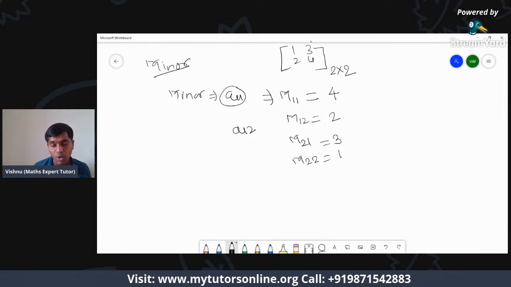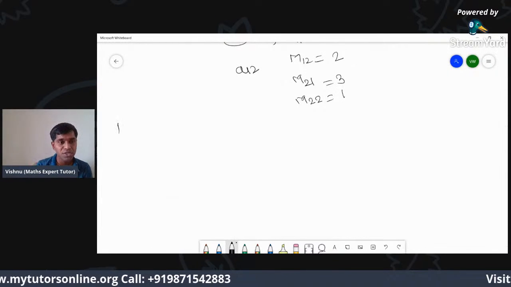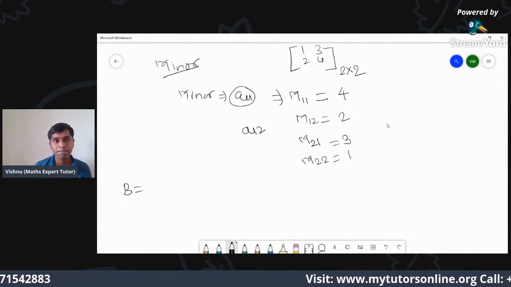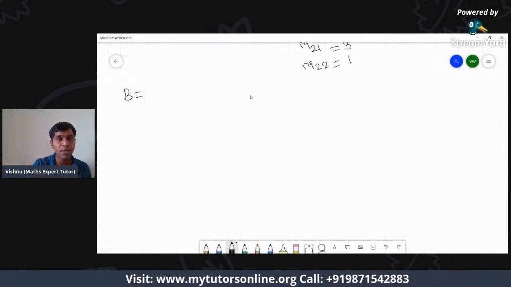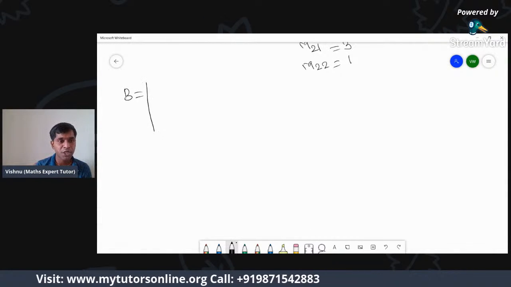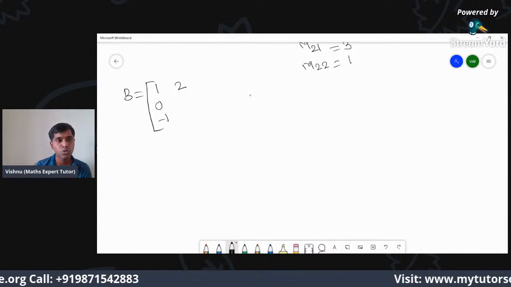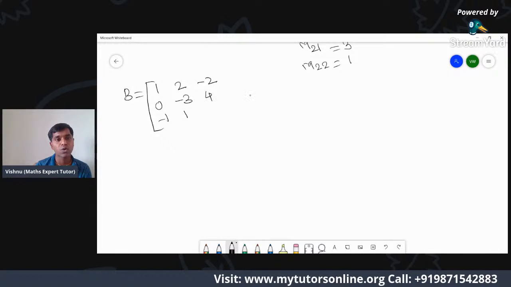So similarly, I will just take a 3 by 3 also in parallel. This square matrix was of order 2. Let us name it as matrix A. And this matrix as B, and let's take this as 3 by 3. 1, 0, minus 1, 2, minus 3, 1, minus 2, 4.